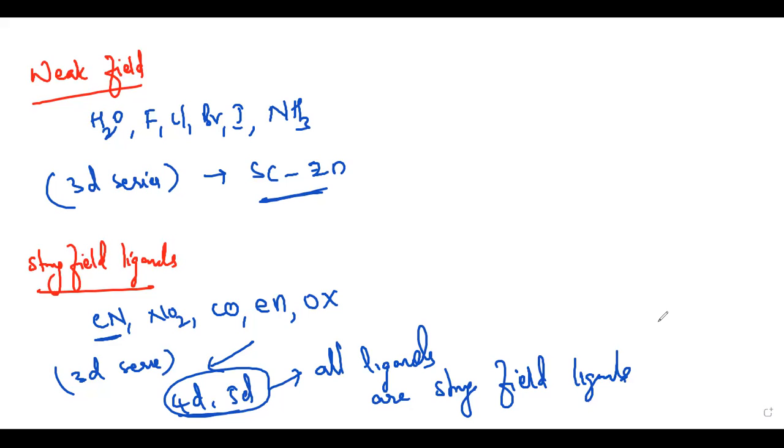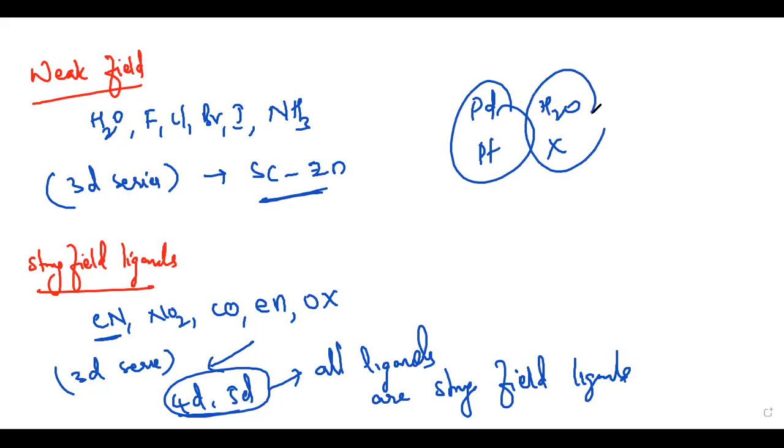Below the 3D series, again the 4D series and 5D series are there, and whatever the ligand, even water is a strong field ligand with 4D and 5D series. Simply if you take palladium and platinum, water and halogens can behave as strong field ligands.